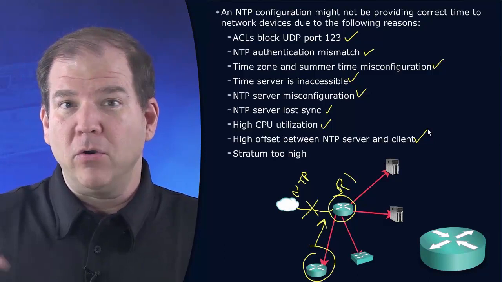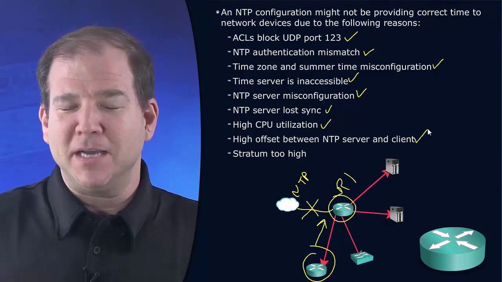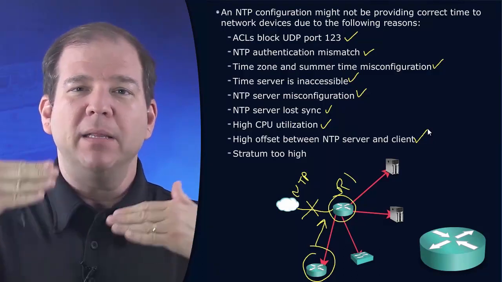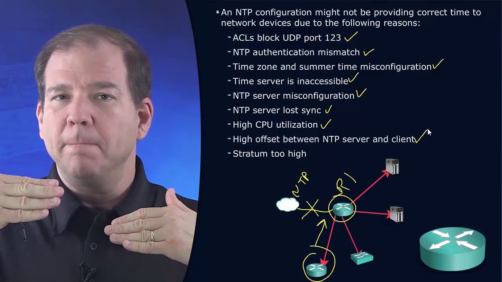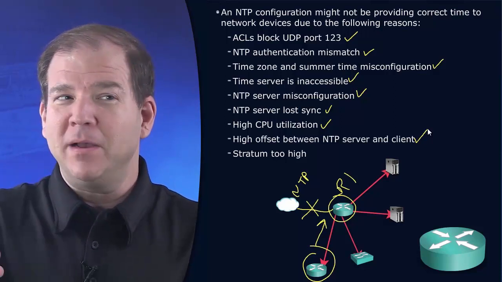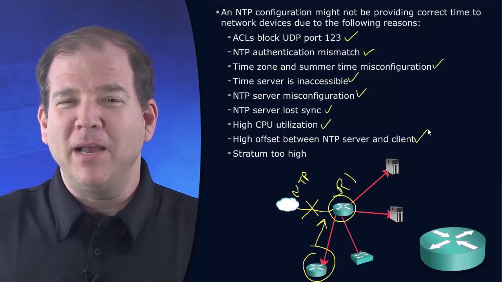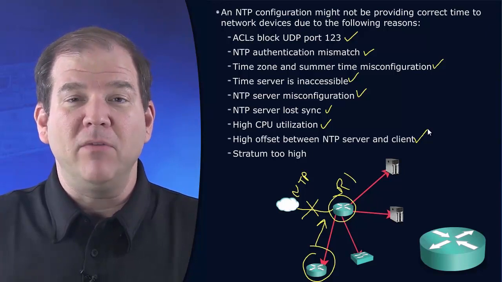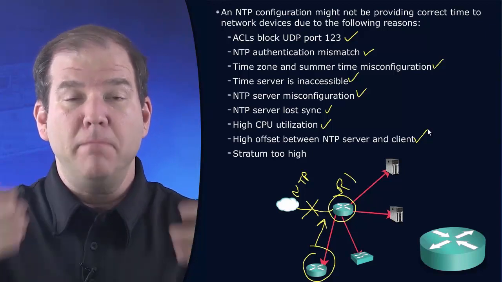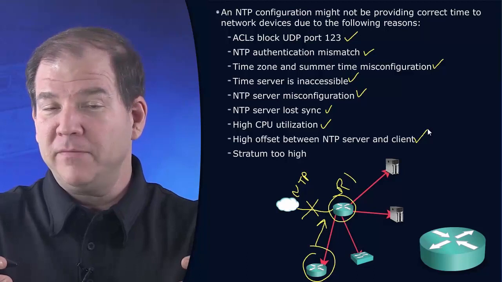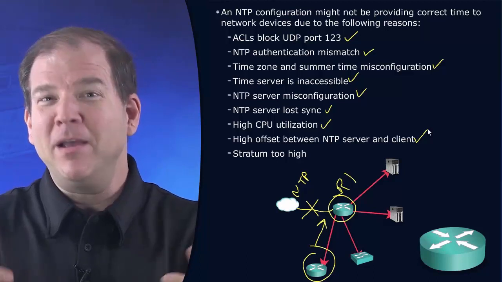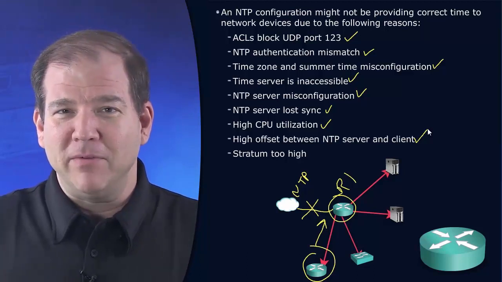And if our router learns from that cesium-based time source, we're going to increment that stratum value by 1. If I'm learning from a cesium clock with a stratum level of 0, then I'm going to have a stratum level of 1. And if somebody learns from me, they're going to have a stratum level of 2. And if somebody learns from them, you can guess it, they're going to have a stratum level of 3.